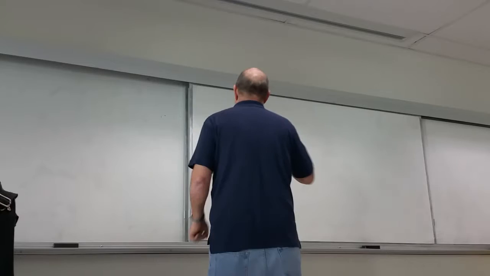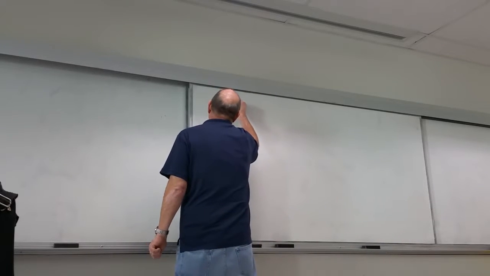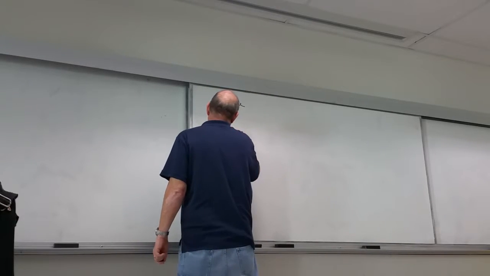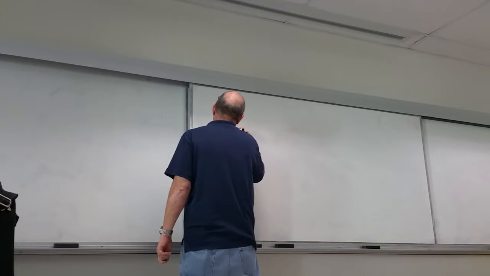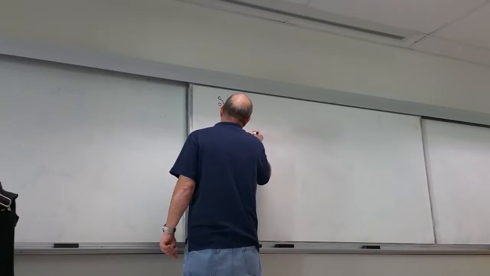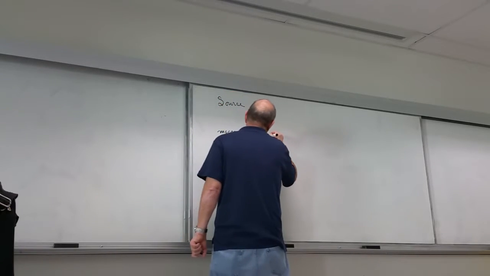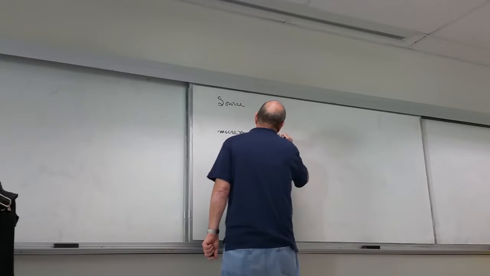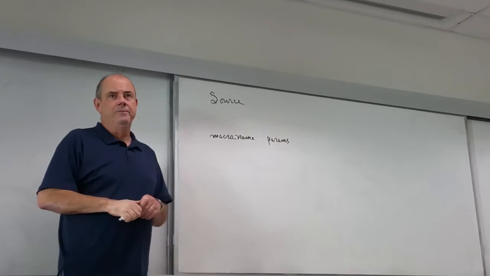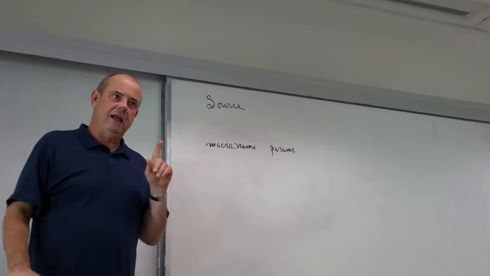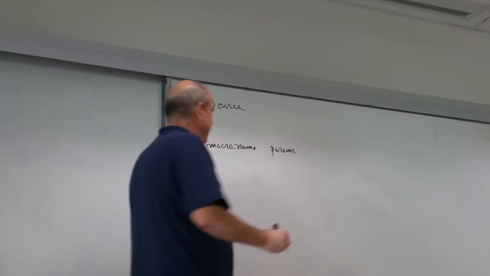So if you have the source here, and you have a macro invocation of some sort, macro name, and then the parameters that might go with it. That's one line of code in the source.